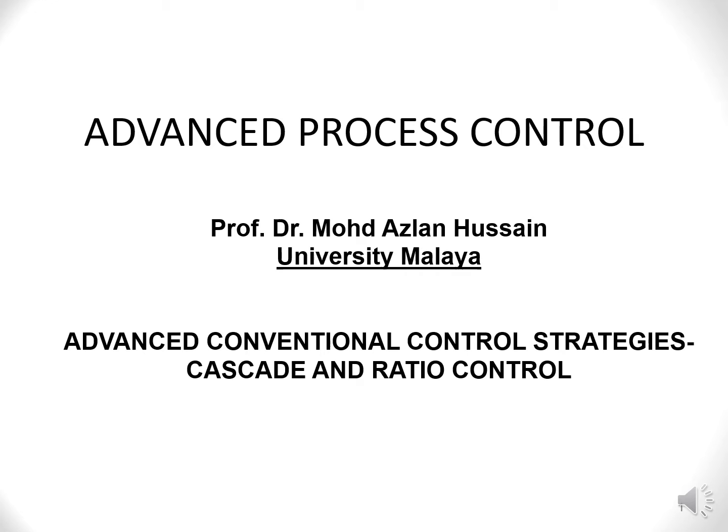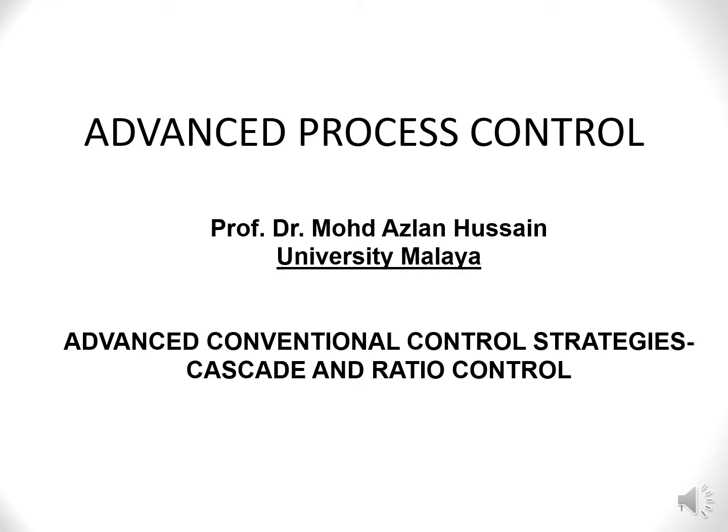And these are some of the conventional ones that we normally use, the cascade and the ratio control, which are in the normal process control books. They also have this under advanced control, but normally it is still related to the normal conventional process control strategies because it's just a slight extension from that.